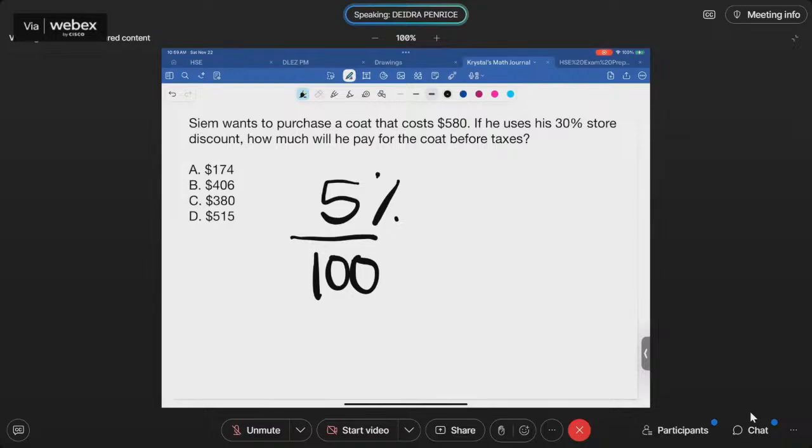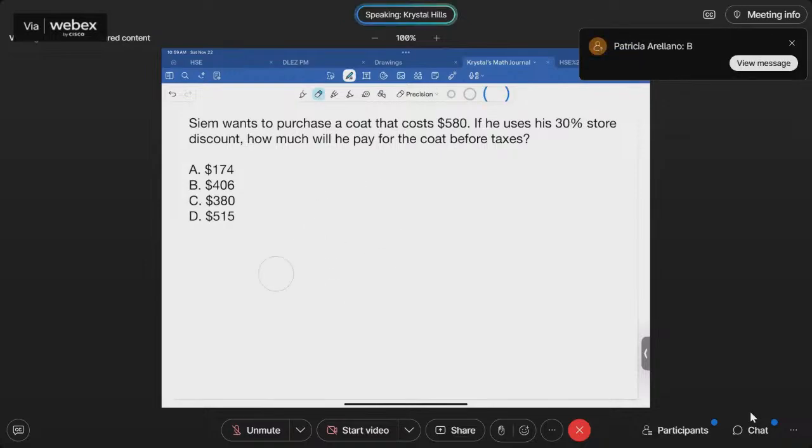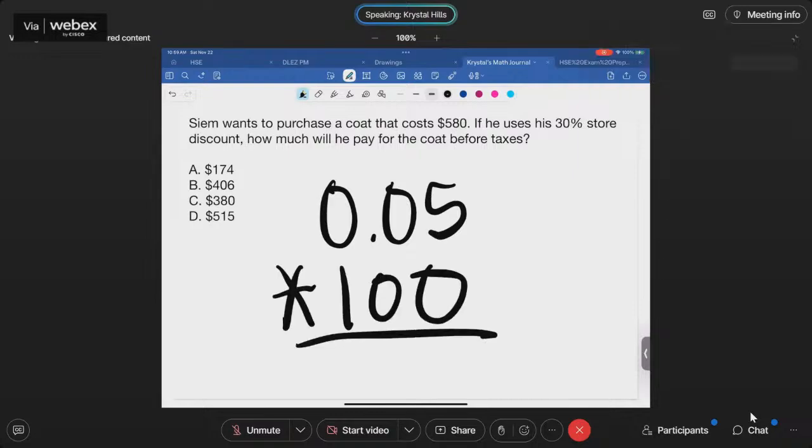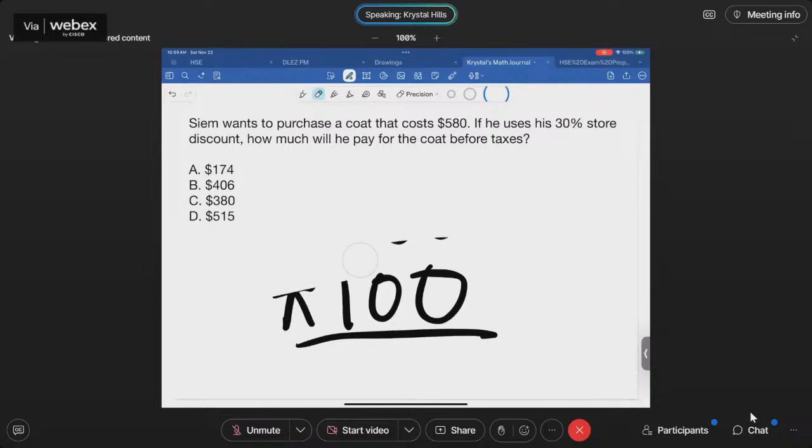If you have a decimal and you want to change it to a percentage, multiply it by 100. Okay, perfect. I had it backwards. Gotcha. Thank you. You're welcome, Miss Deidre.